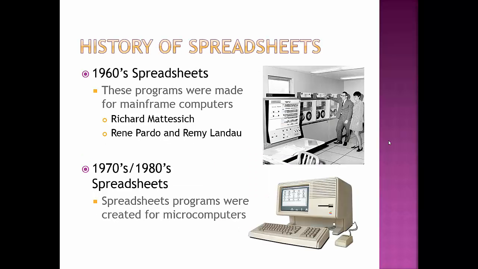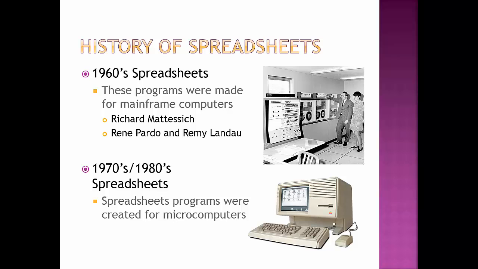Now, where did these sorts of things come from? Well, electronic spreadsheets were created for mainframe computers all the way back in the 1960s, and we credit three people in particular for coming up with that. We have Medicich, Pardo, and Landau that we credit with the creation of those pieces of software for mainframes.